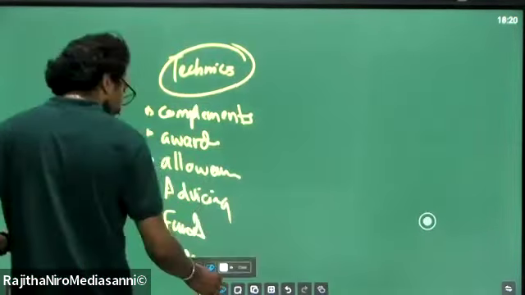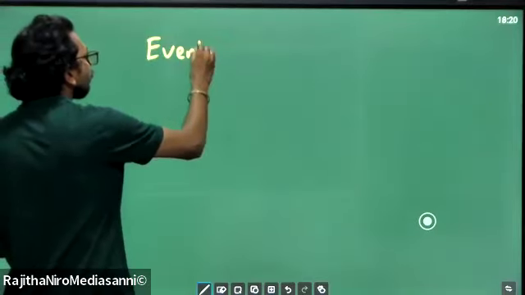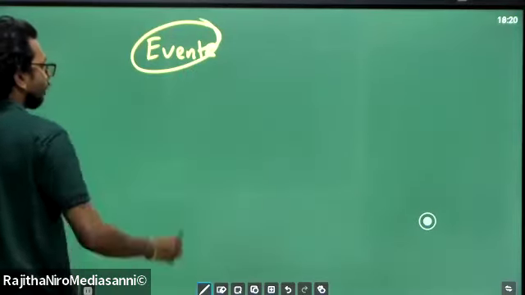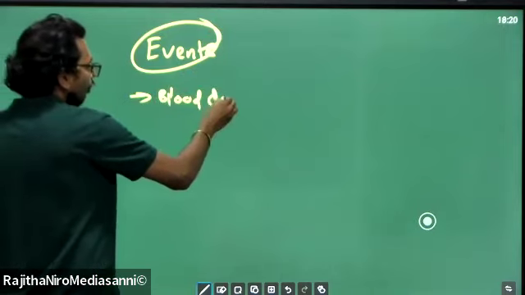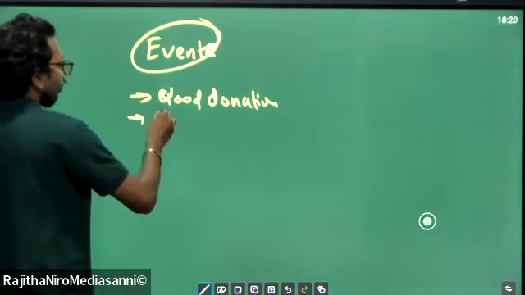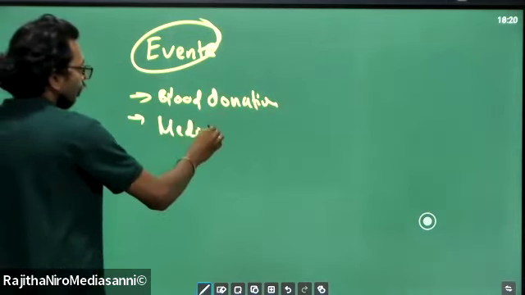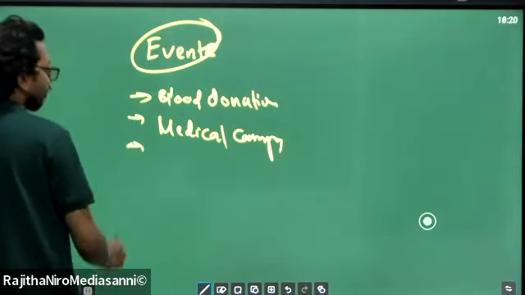What type of things are in here? Event management. Events mean what? A blood donation camp or something. Medical camps are there.